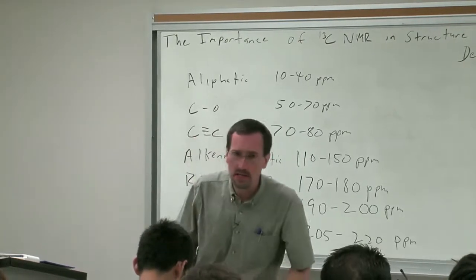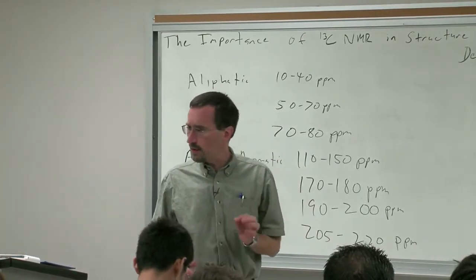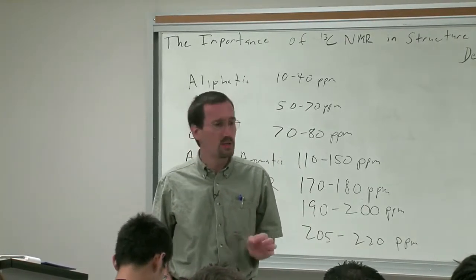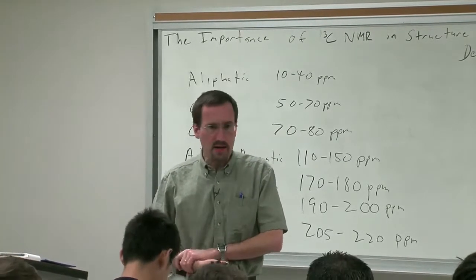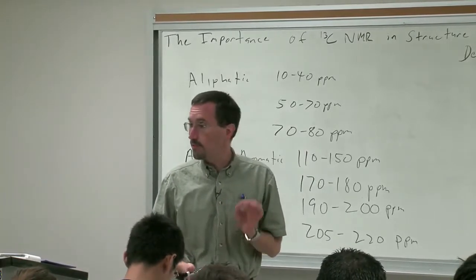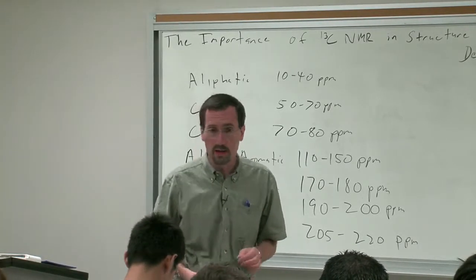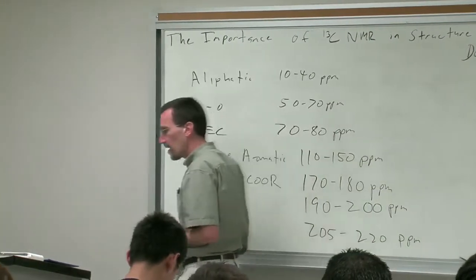C13 NMR is a little bit more subtle, and I won't say less predictable, because we're going to see it's actually quite predictable. But there are more factors. For example, gamma effects as well as beta effects tend to be big, and there are some really interesting steric effects.